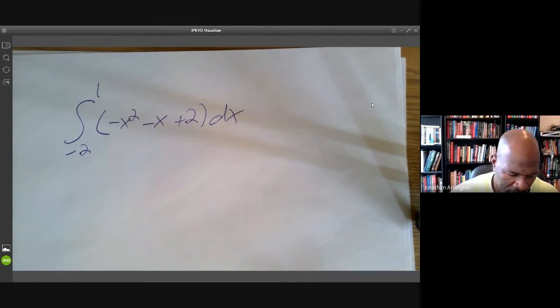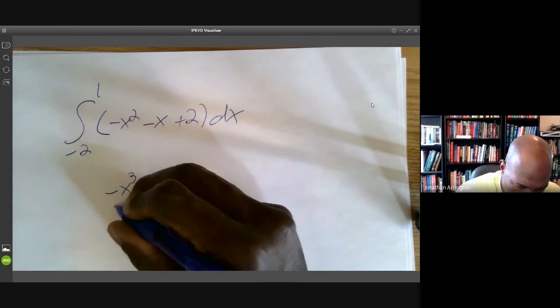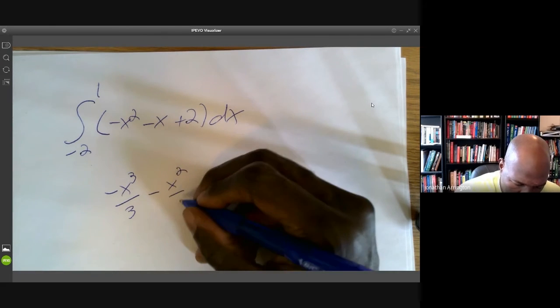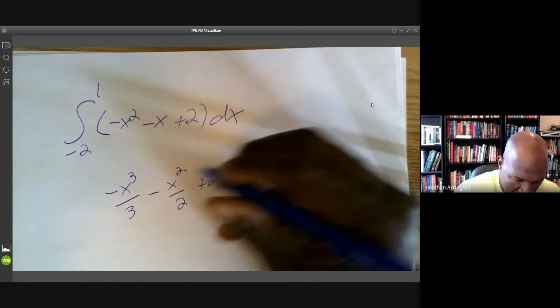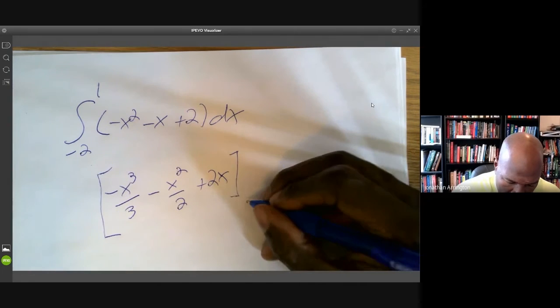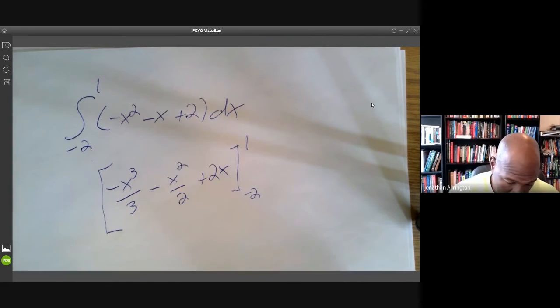So let's go ahead and find the antiderivative. So for negative x squared, it's negative x cubed over 3. For minus x, it's minus x squared over 2. For 2, it's 2x, to be evaluated between -2 and 1. All right, so let's plug in 1 and see what we get.